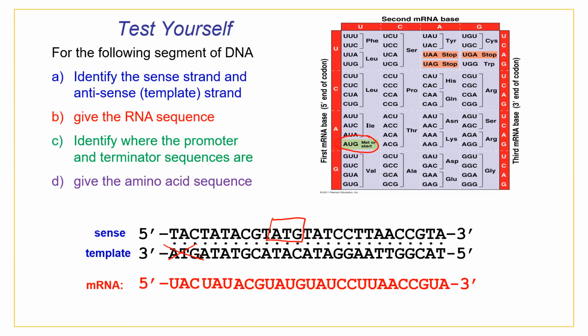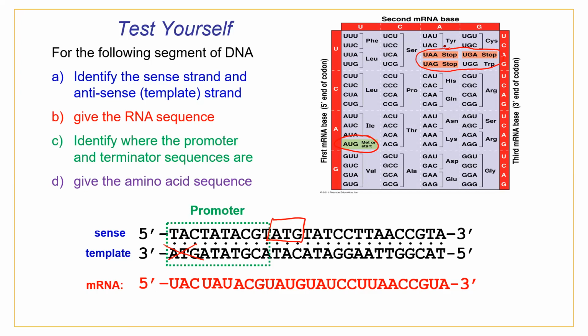Next, question C says, where are the promoter and terminator sequences? Remember that the promoter is before the gene. So somewhere in there, label a region before the gene, maybe circle the TATA box to make sure that you definitely have the promoter, but it's basically the region before the gene. The terminator is after the gene, so we have to remember our stop codons.